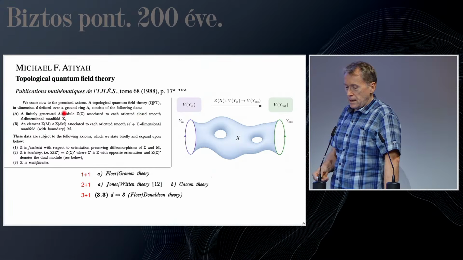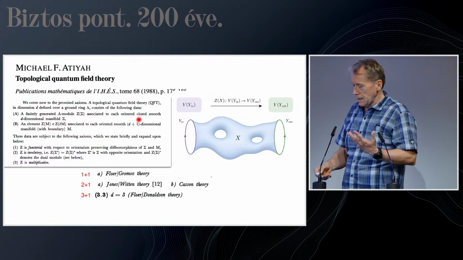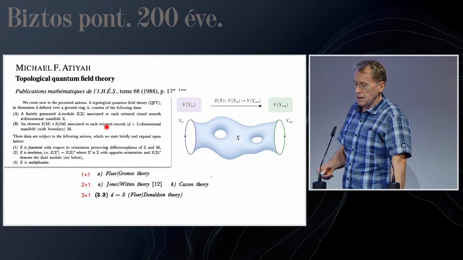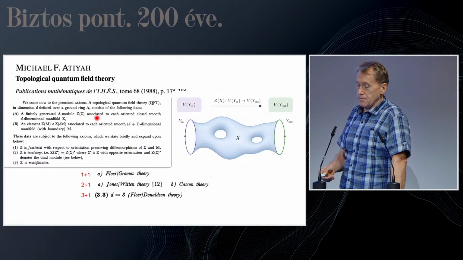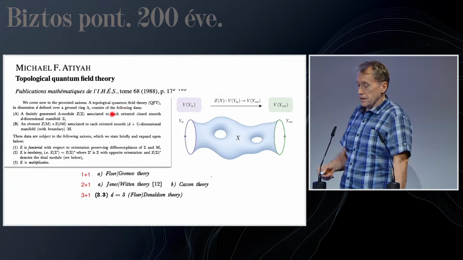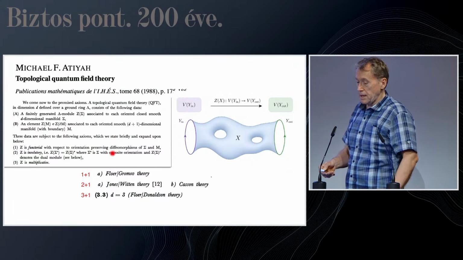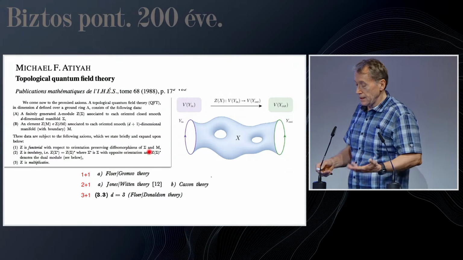And he defines the now popular definition of what a TQFT is. In his telling, it's a functor from a cobordism category, where the objects in the category are d-dimensional manifolds, and the morphisms are (d+1)-dimensional cobordisms between them, and it's meant to be a functor.